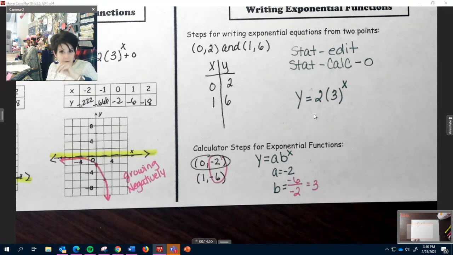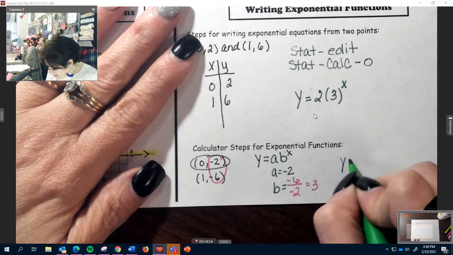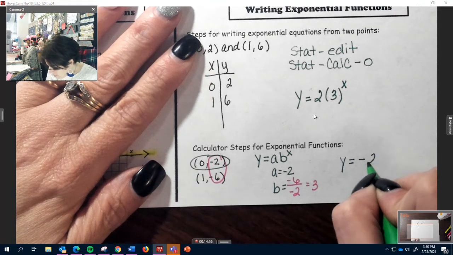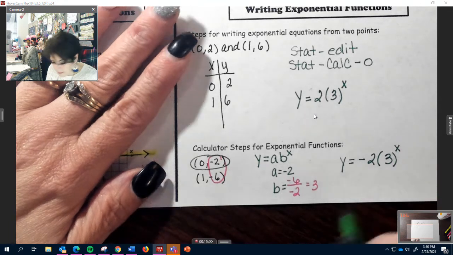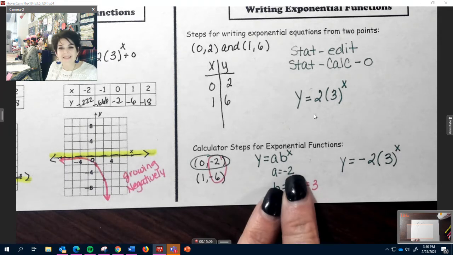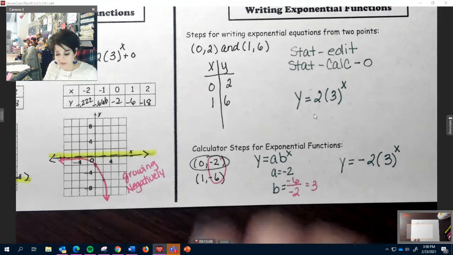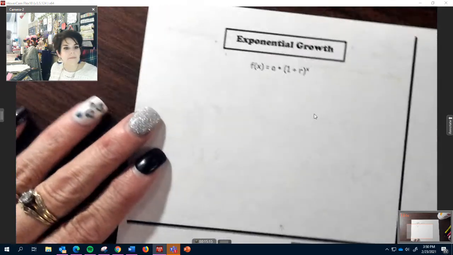Be sure you take the second point and then the first point. So y equals -2 times 3 to the x power. And if I were to plug it in, I would see those points on there. So when A is negative, you can't do the exponential regression. All right, how are we doing on time? We're doing good. All right, so let's look at our growth and decay.